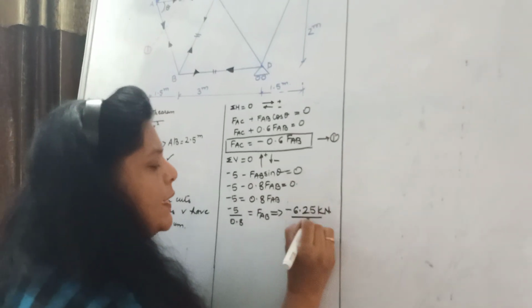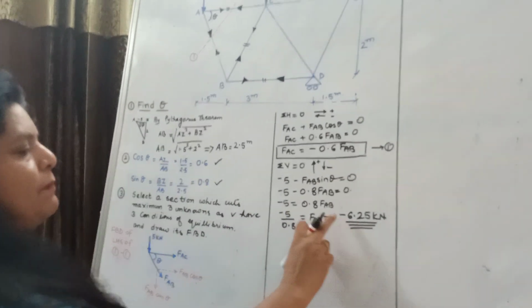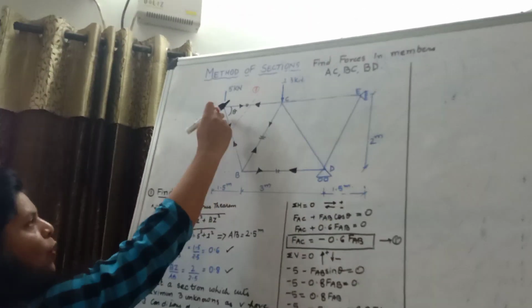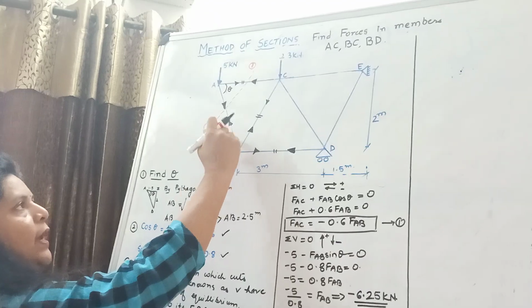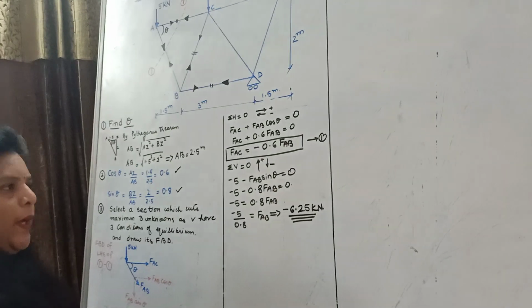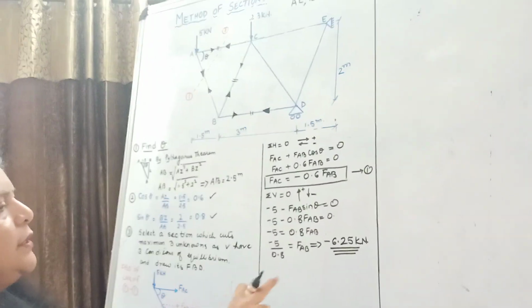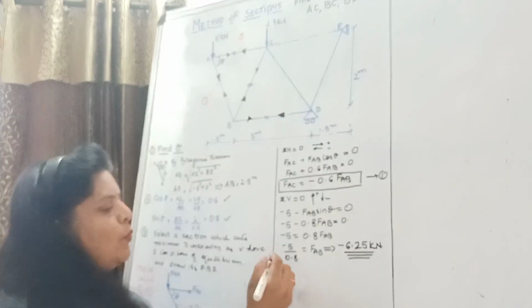What does this negative sign indicate? The negative sign indicates that my assumed direction of AB is wrong and the member is subjected to tensile force.